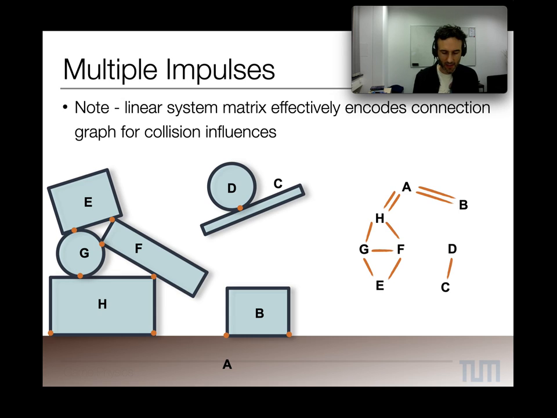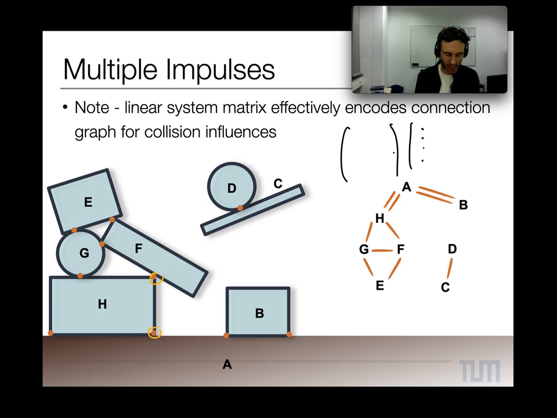But we have another small cluster here of C and D. And if we now set up this LCP problem, then we'll actually get a big matrix where we have data, impulses, in a long vector for all our objects, A to H. So actually we'll have one entry here for each one of these collision points, right?